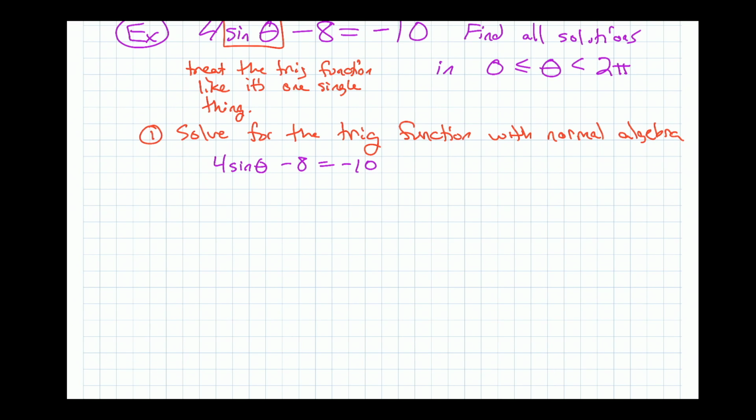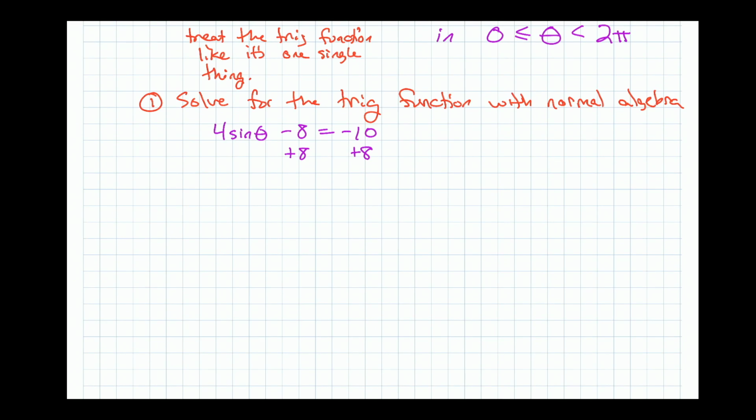If you were going to solve this for sine theta, you would move the 8 over by adding 8 to both sides. Then you would have 4 sine theta is equal to negative 10 plus 8, which is negative 2. Then from there, you're trying to get the sine theta by itself, so you would divide both sides by 4.